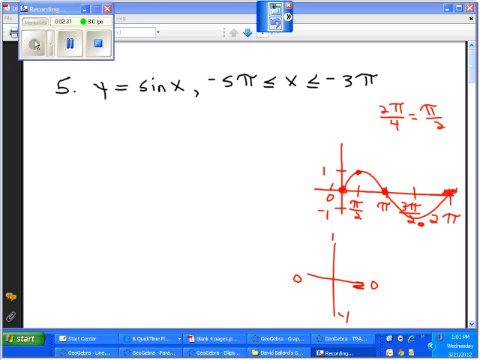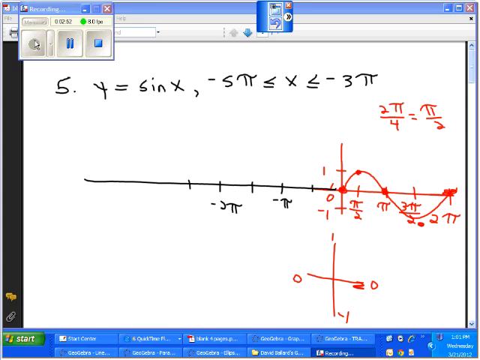Now, when we try to think about what that's going to look like, way over here at negative 3 pi, if we think about it, we would have negative pi over 2, negative pi, negative 3 pi over 2, negative 2 pi.